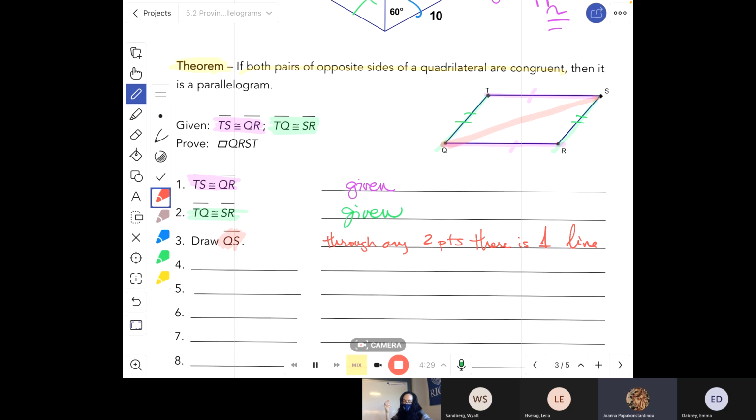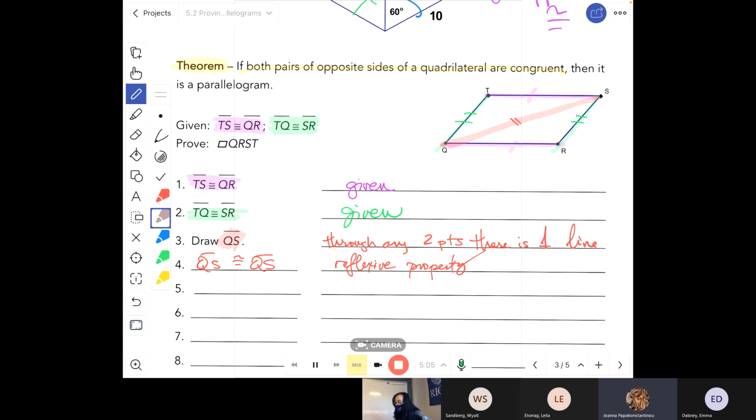Now, we just drew that QS, so what can we say about QS? That's right. So QS is congruent or equal to QS. And what allows us to say that? Yes. Now, look what we have.